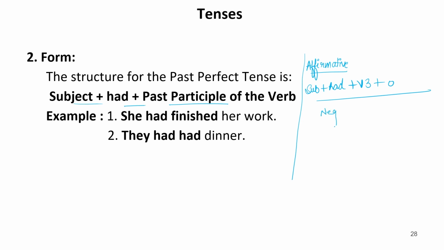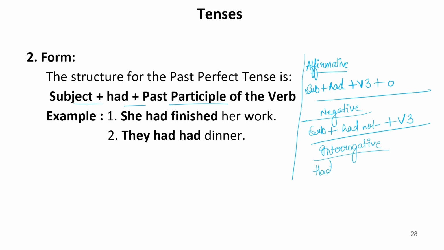In case of negative sentences, we write subject plus had not plus verb third form. Then in interrogative sentences, we have had plus subject plus verb third form plus object, and then a question mark.